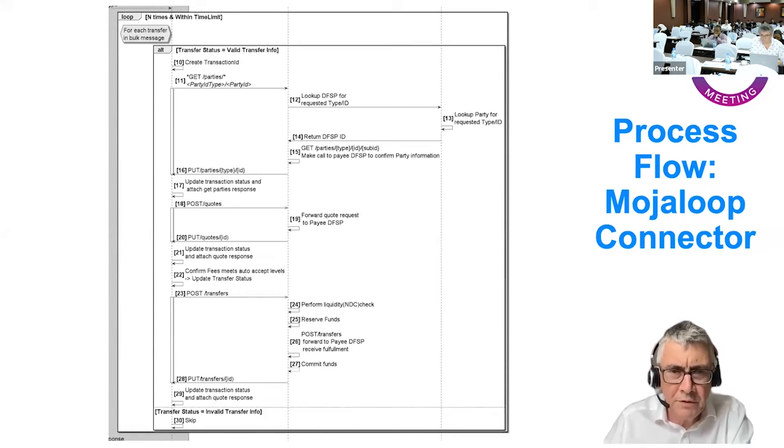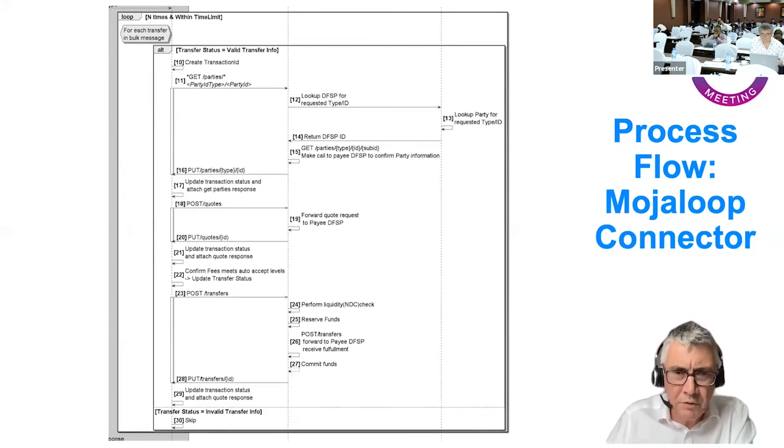We do a get parties, which looks up the DFSP for this alias and ID. As I mentioned before, this is wallet identifier and MSISDN. We look up the corresponding party, identify the wallet for this requested transfer. We return the wallet ID and return that back to the Mojaloop connector.